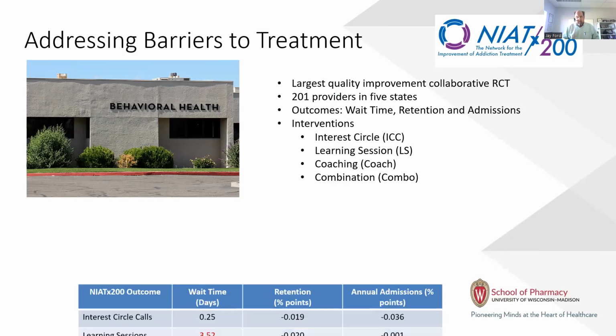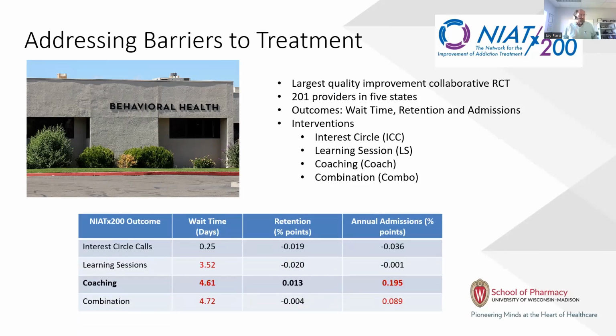And what we found was that learning sessions, coaching, and the combination of inter-circle learning sessions and coaching improved waiting time. Coaching and the combination had an impact on annual admissions.